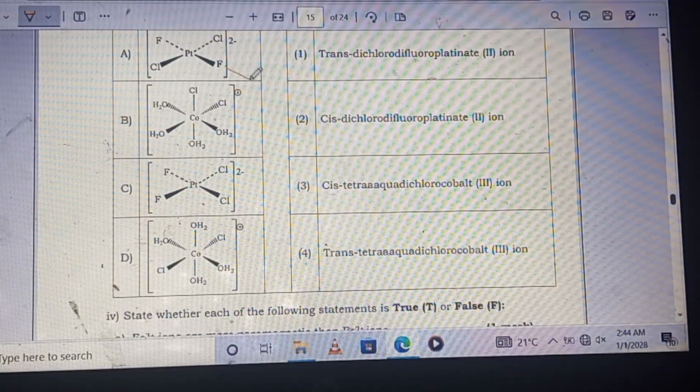This A matches 2, 2. This is cis-dichloro-difluoroplatinate 2 ion. B, it matches 2, 4.